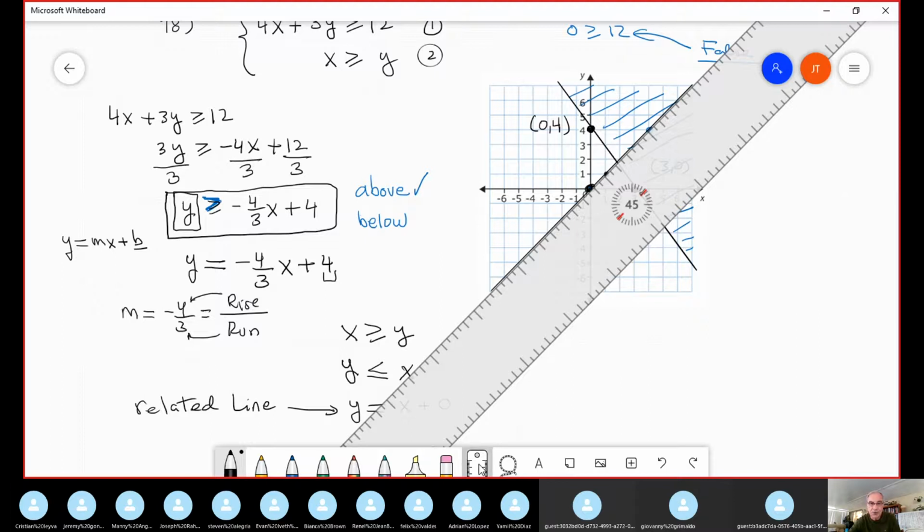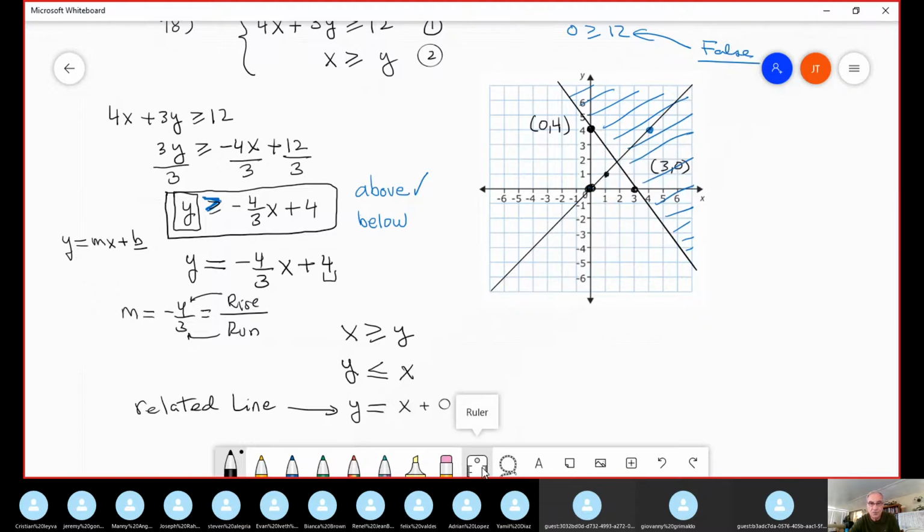And what part do I shade, below or above? Below, because it's less than. So I'm using another color, maybe green, below this line. Therefore, what is my final answer?